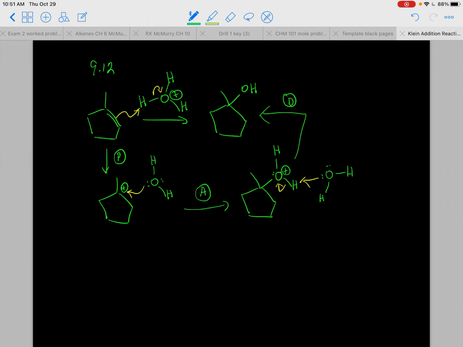Now, when this step forms, you form H3O plus, and you remake this catalytic molecule, okay? So after this happens, you're going to form H3O plus, and that goes on to catalyze more of the chemical reaction. As long as there's water in there, it'll keep doing it and doing it and doing it until it's all consumed.